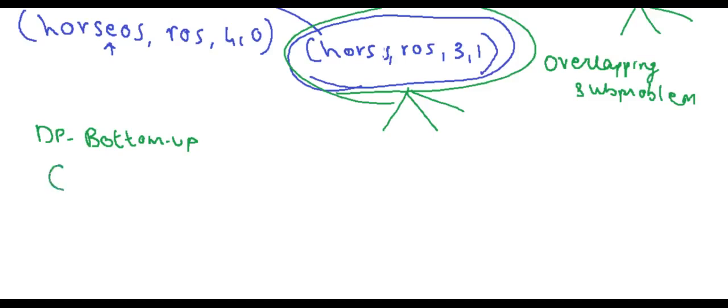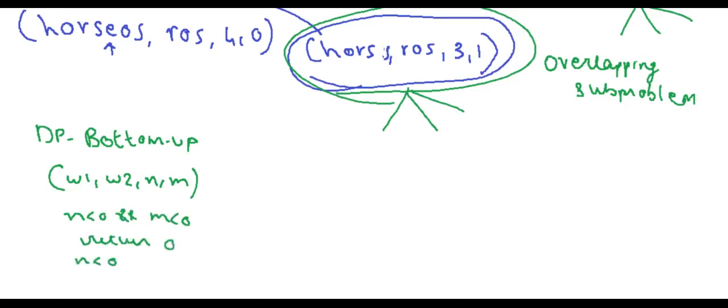So our recursive solution was like this. We have word1, word2, we have n, we have m, and then we have the base cases: if n is less than 0 and m is less than 0, then we return 0. If n is less than 0, then we return m plus 1. And if m is less than 0, we return n plus 1.